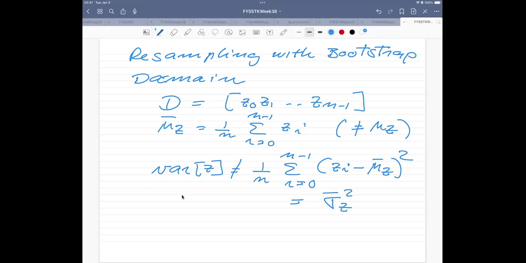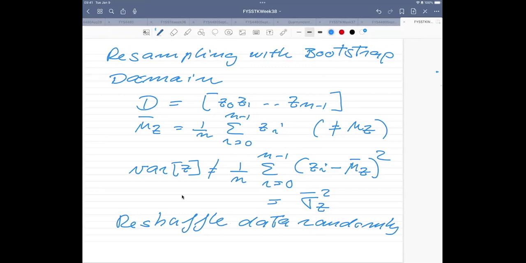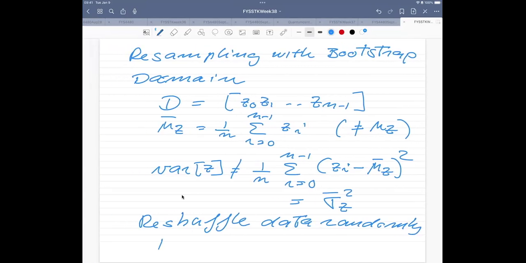Now, what we can do now is to reshuffle the data. This is the bootstrap, and it's extremely simple to implement. So reshuffle data randomly. Then I'm going to create a new data set, which I call D prime.